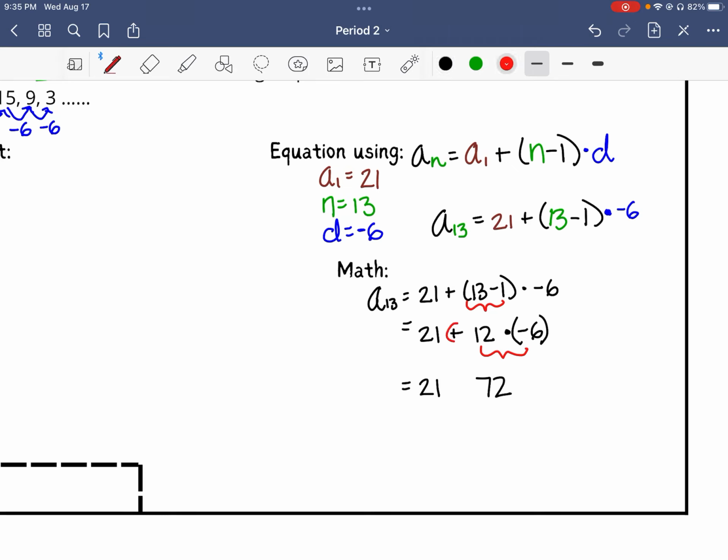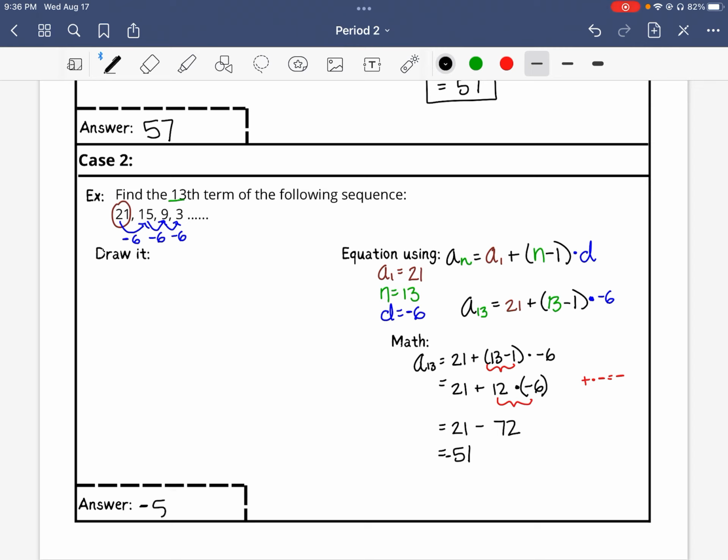But remember that a positive times a negative gives me a negative. So this becomes 21 minus 72. If I put this in the calculator, I believe that this will give me 51. Oh, negative 51.